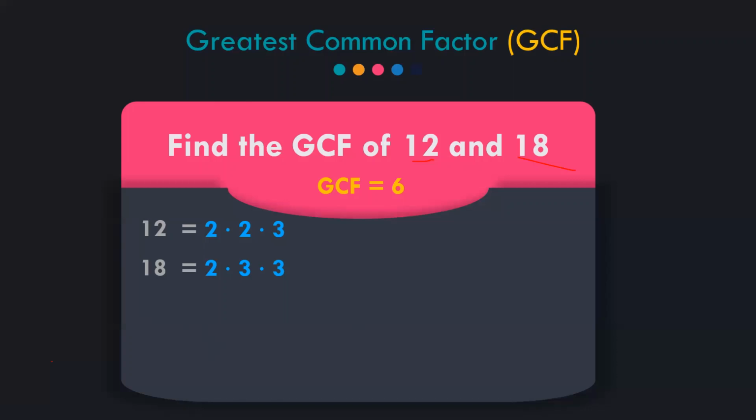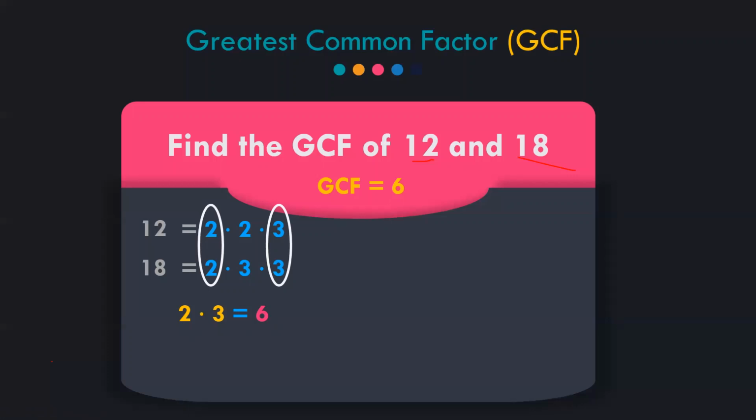And in 12 and 18, makikita natin na 2 is a common factor for both 12 and 18. And also 3. So therefore, to get the GCF of 12 and 18 through prime factorization, all we need to do is to multiply their common factors. So again, since 2 and 3 ang common prime factors nila, multiply lang natin 2 times 3, that is equal to 6.